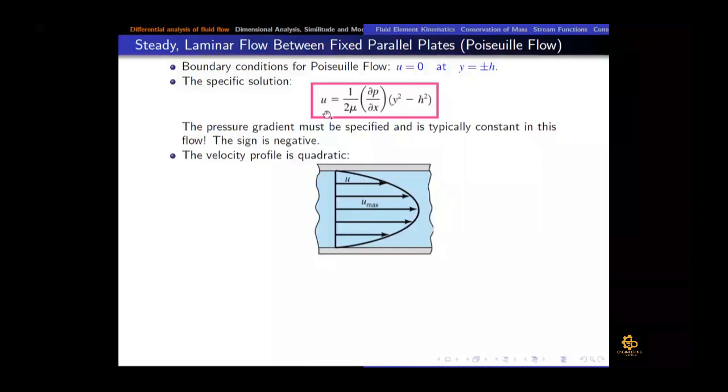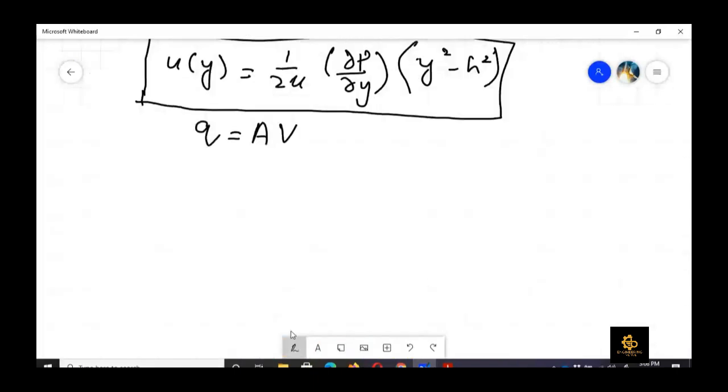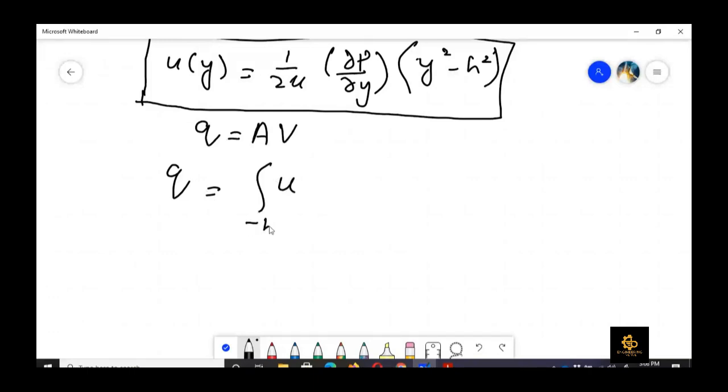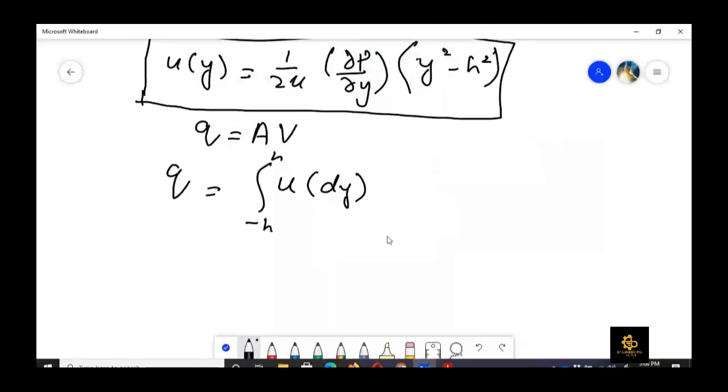So we need to integrate from this point to this point. We can write the integral of u from minus h to h, which is the distance between the two plates, into dy, which is the height shown here, and then the third, z direction, because we need to have area there.